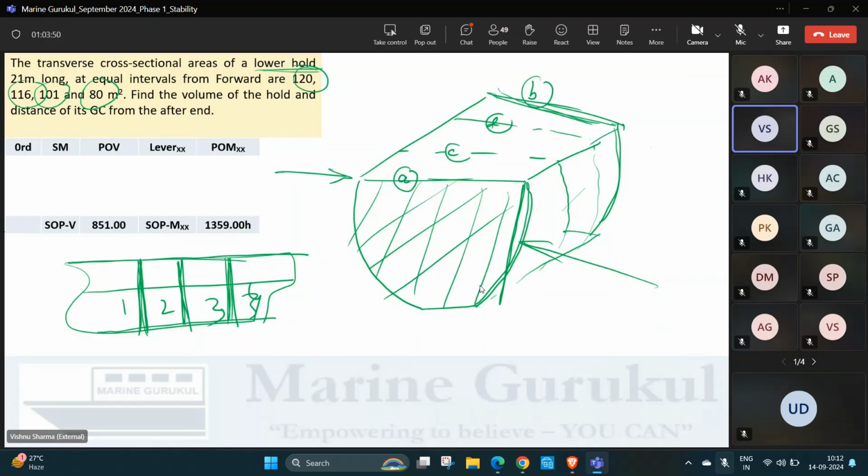These areas are changing because of the flare of the ship. Where the flare is more, area will be less. Where you have a parallel body, the area will be more. So the area is changing because of the change in curvature.